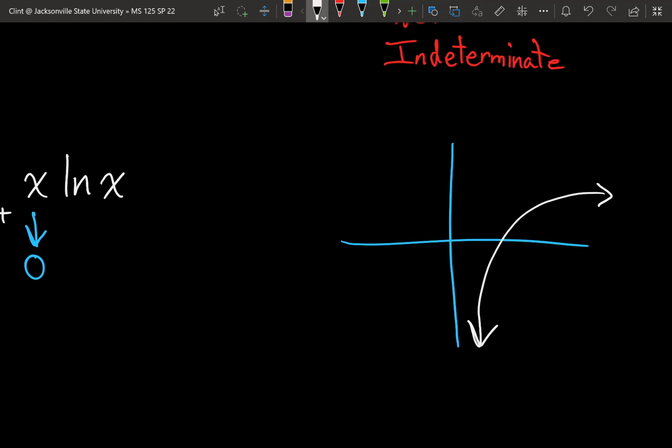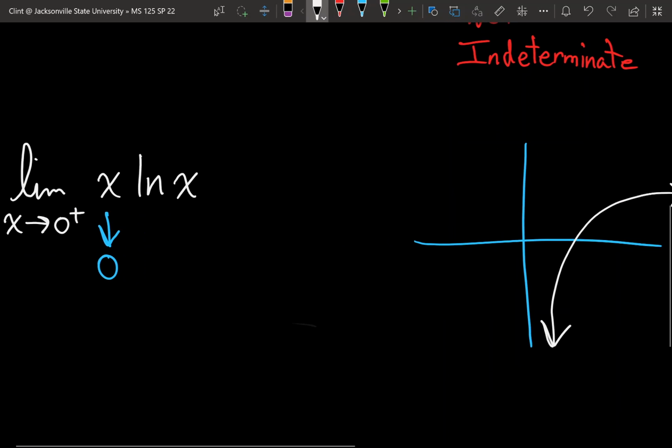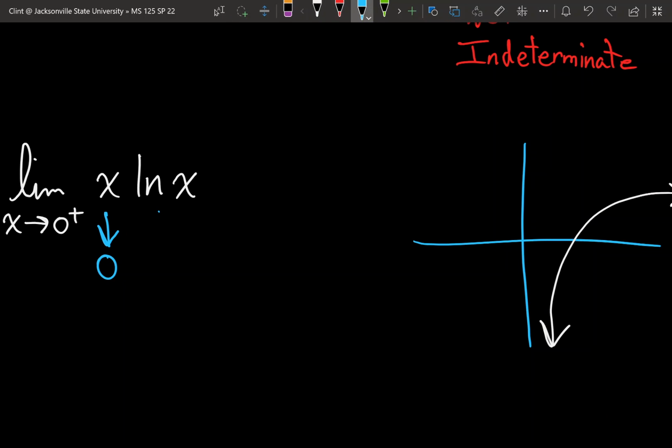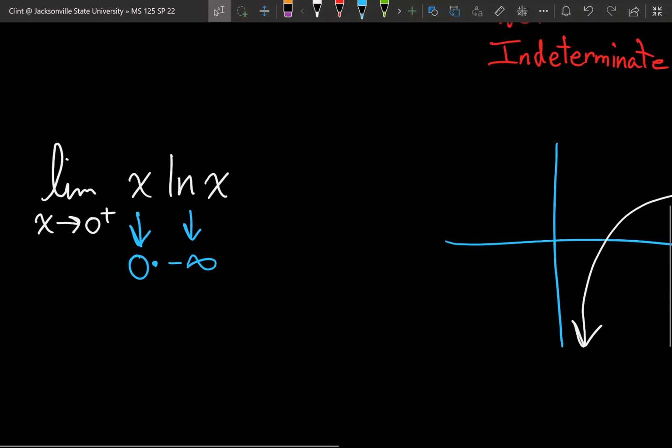So as we approach 0 from the right, what's happening to the natural log of x? Going to negative infinity. I know we've got negative infinity instead of positive infinity, but it's the same situation. And we've got a 0 times negative infinity situation here.